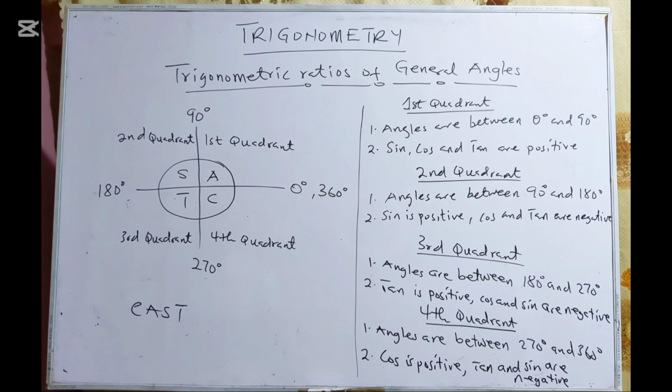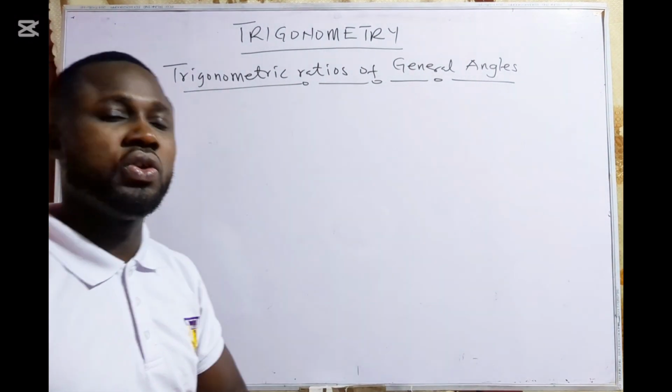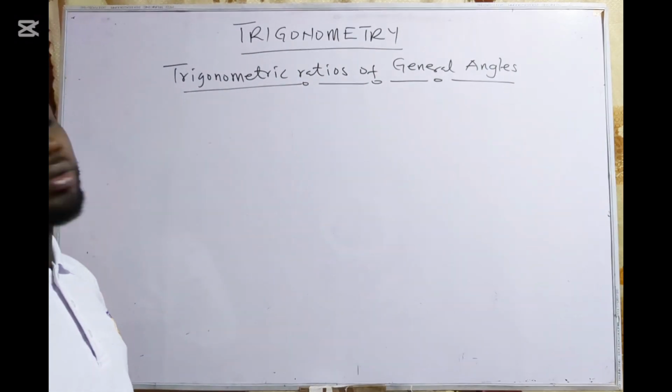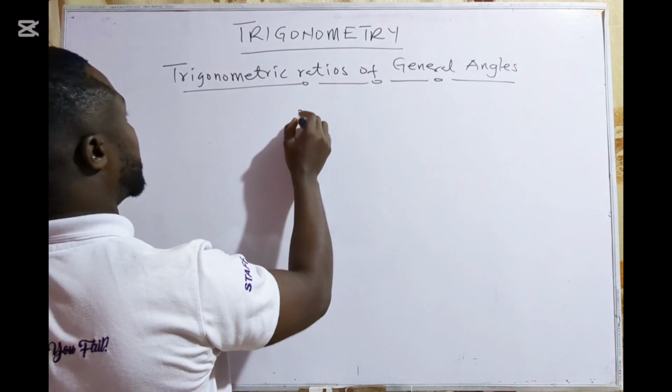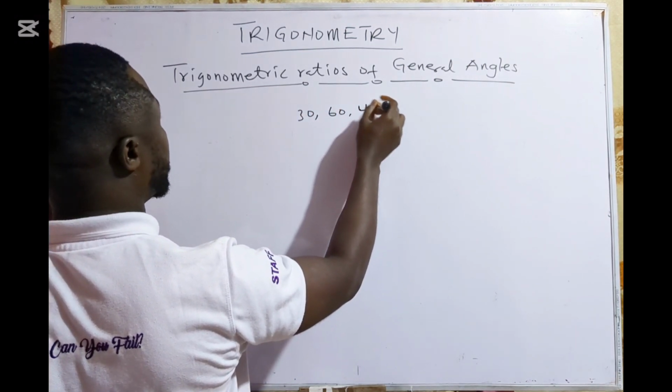Okay. So we are going to solve some few questions on this. Alright. Okay. So with the general angles, you know that we learned in the acute, we learned in the first quadrant some special angles like 30, 60 and what? And then the 45.